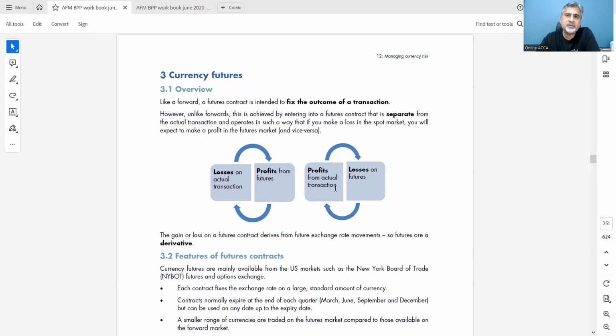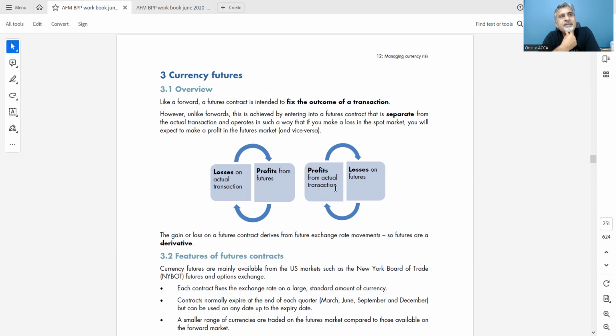It is not available OTC; you cannot buy or sell it to other parties. For example, I need to pay someone $1 million after 3 months, and my home currency is pound sterling.